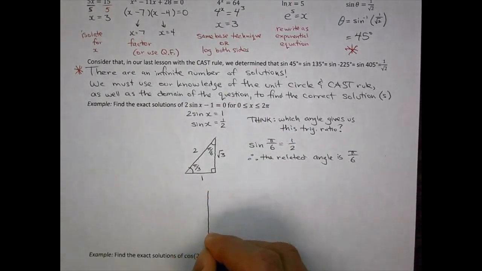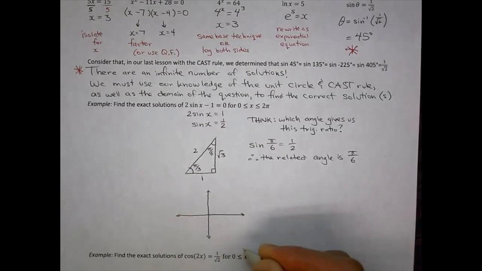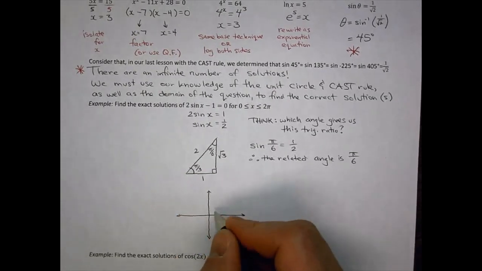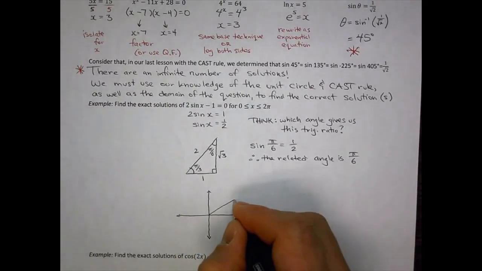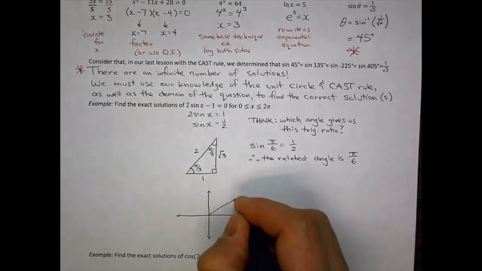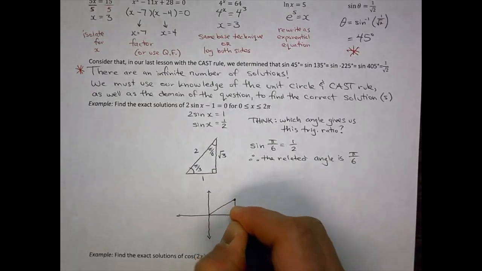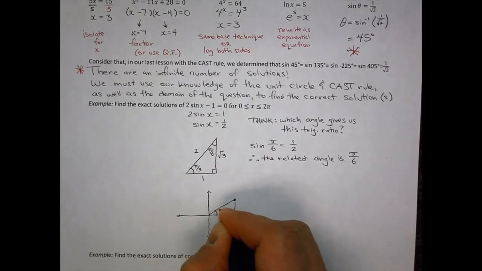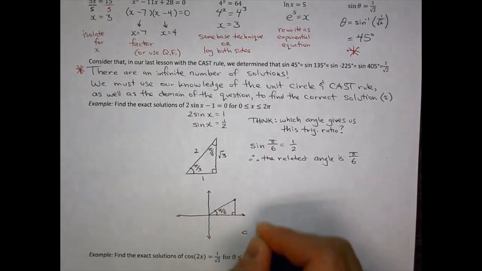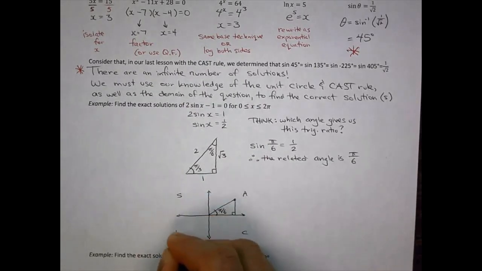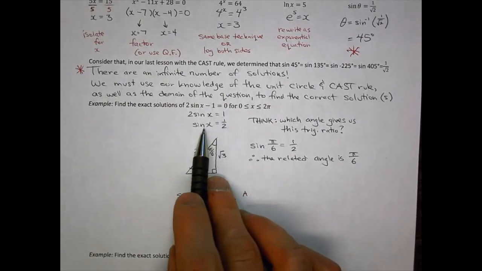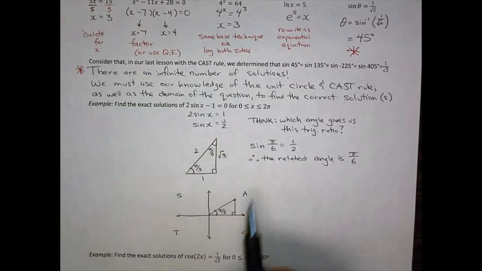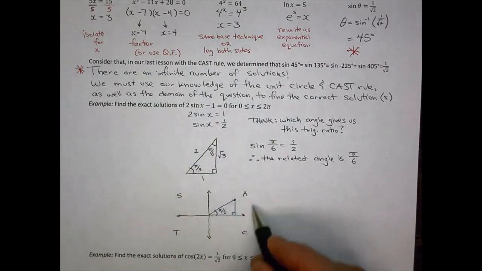So now I am just going to continue working backwards with my cast rule. So we know that one possible solution is if the terminal arm is right here. I didn't draw it very well, but this is pi by 6, right? That's one solution. Remember, this is cast rule. So because we want sine of positive 1 over 2, one place where sine is positive is in this quadrant.